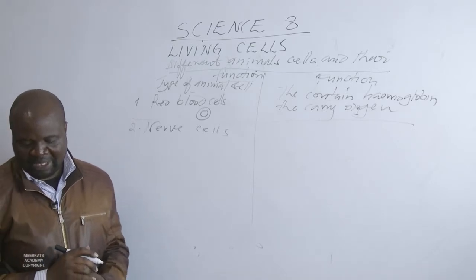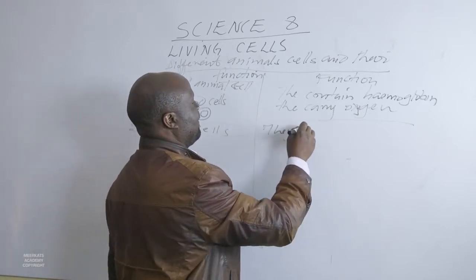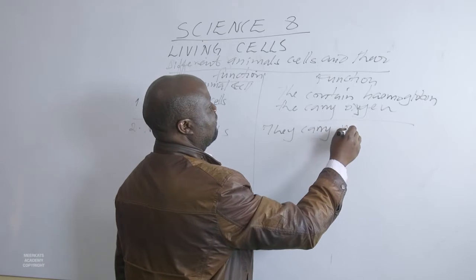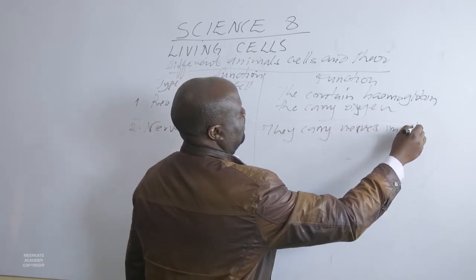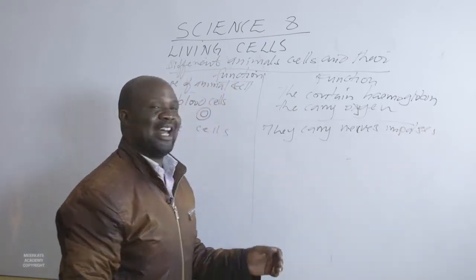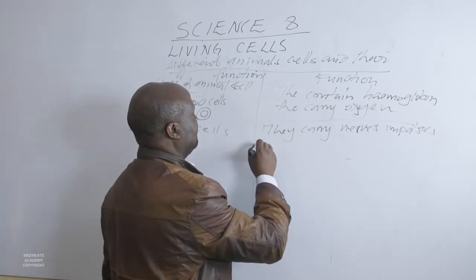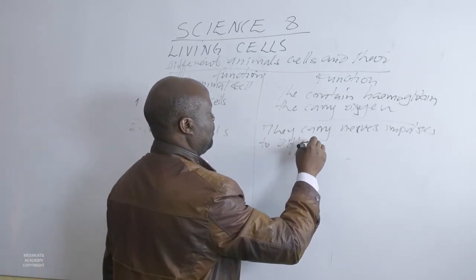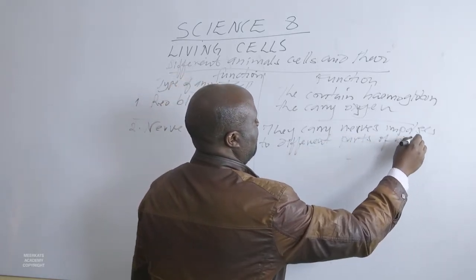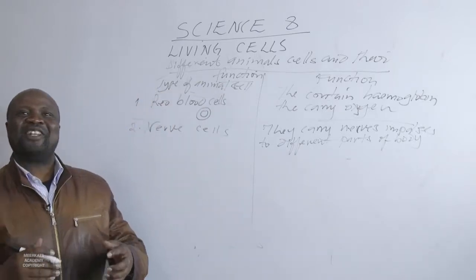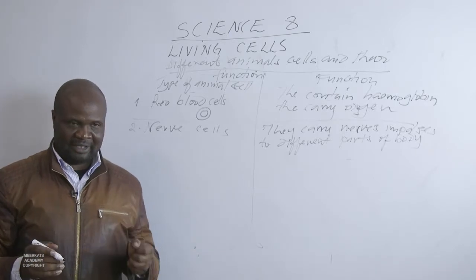Their function is to carry nerve impulses to different parts of the body. They can carry even electric shocks to different parts of the body. That's what the nerve does.